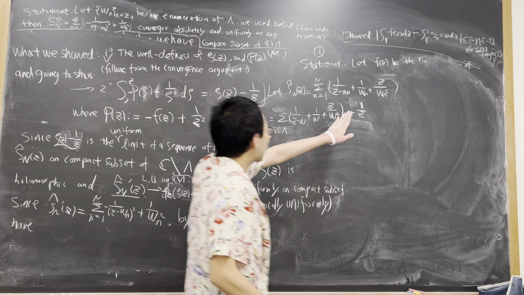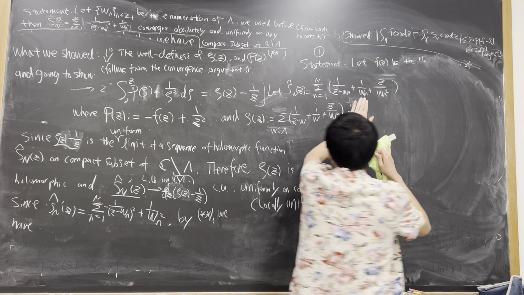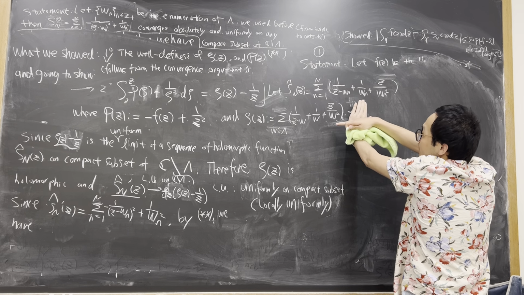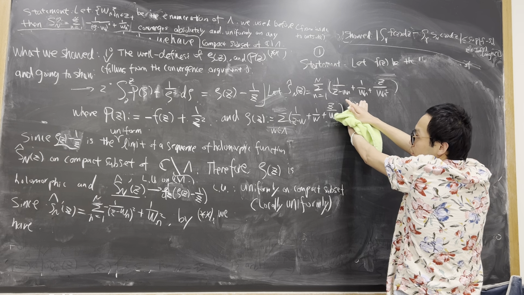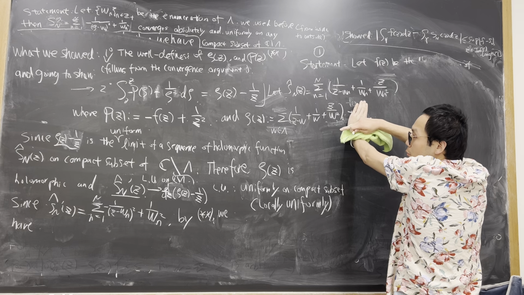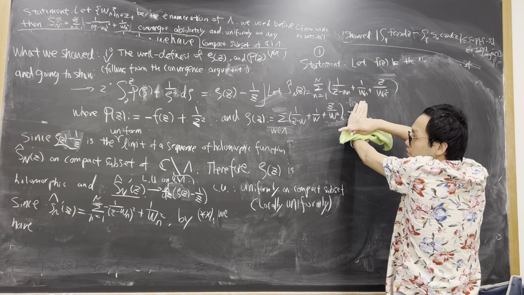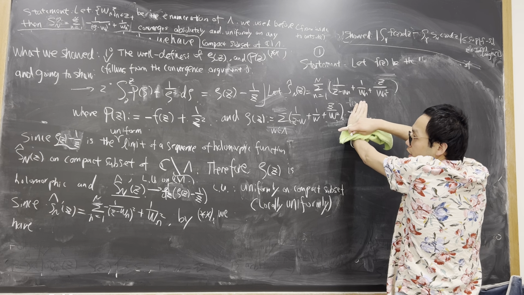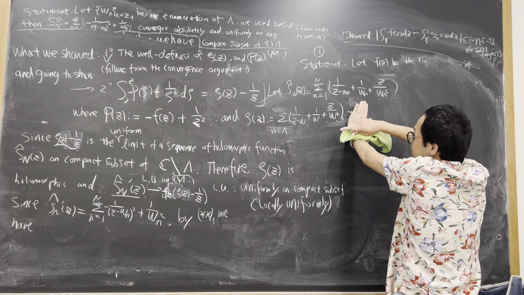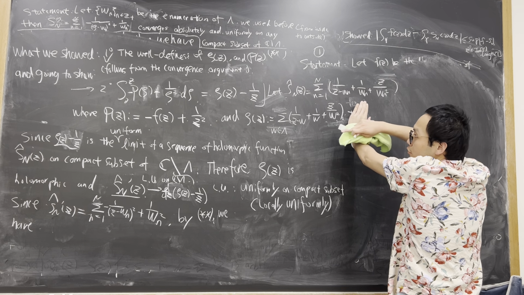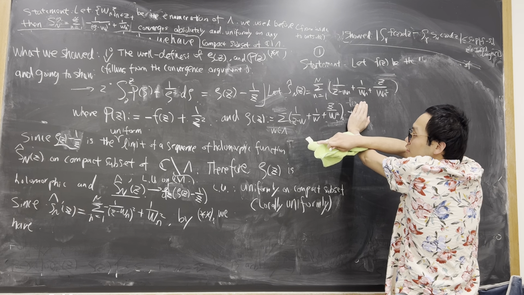If I take away this 1 over z, then this part by itself is the uniform limit of the sequence of holomorphic functions S_n on compact subsets of C minus wedge. This is the same argument if we just replace zeta z by zeta z minus 1 over z.